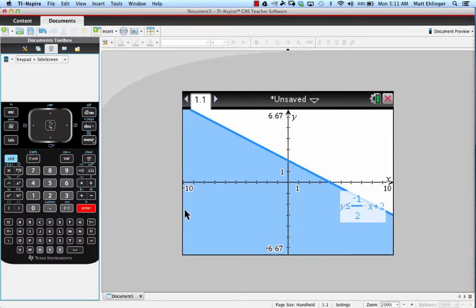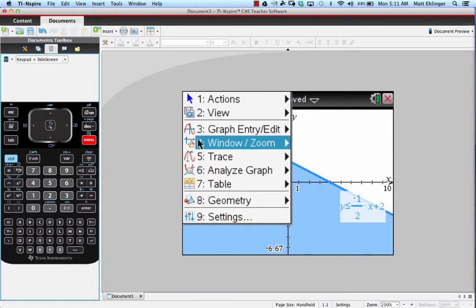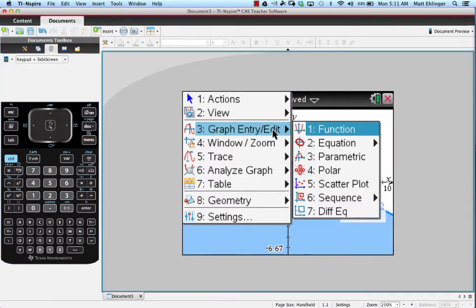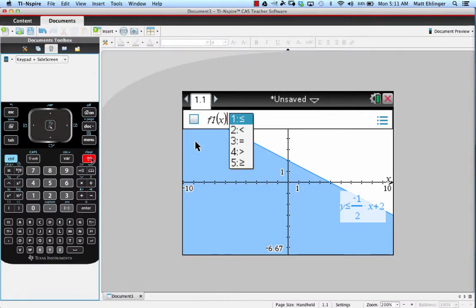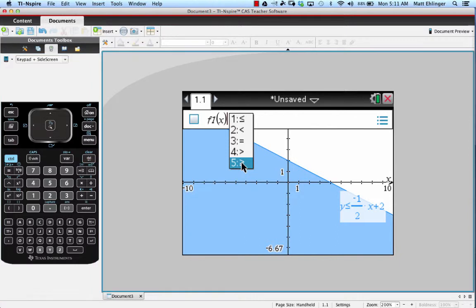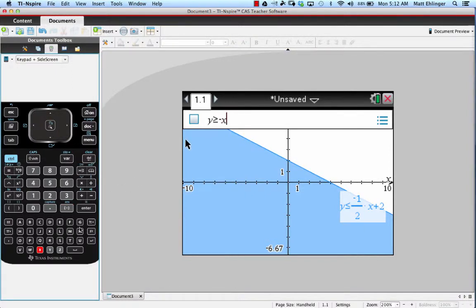Now we need another one. So let's do menu, graph, editor, entry, and let's do another function, but we're not going to graph a function. We'll delete the equal sign, and we need the greater than or equal to this time. So y greater than or equal to, and see it changes to a y instead of a function. Here we'll put in our other function, -x minus 1.